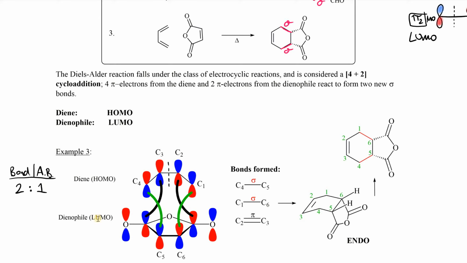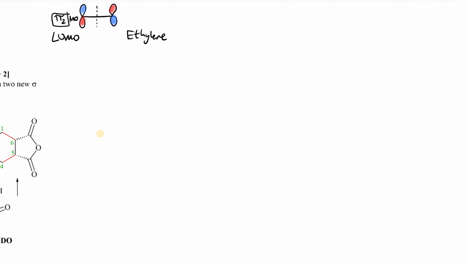Now what about the LUMO? This is maleic anhydride, and this molecular orbital is quite confusing. So let's look at a simpler example and then translate it over. We said the LUMO needs to have greater anti-bonding interactions than bonding by a factor of 1. So 3-to-2 anti-bonding to bonding in this case.